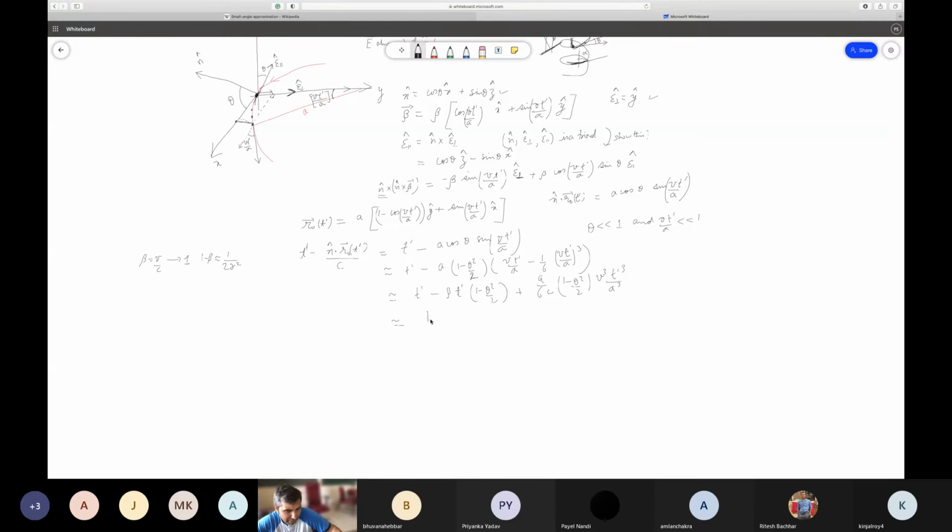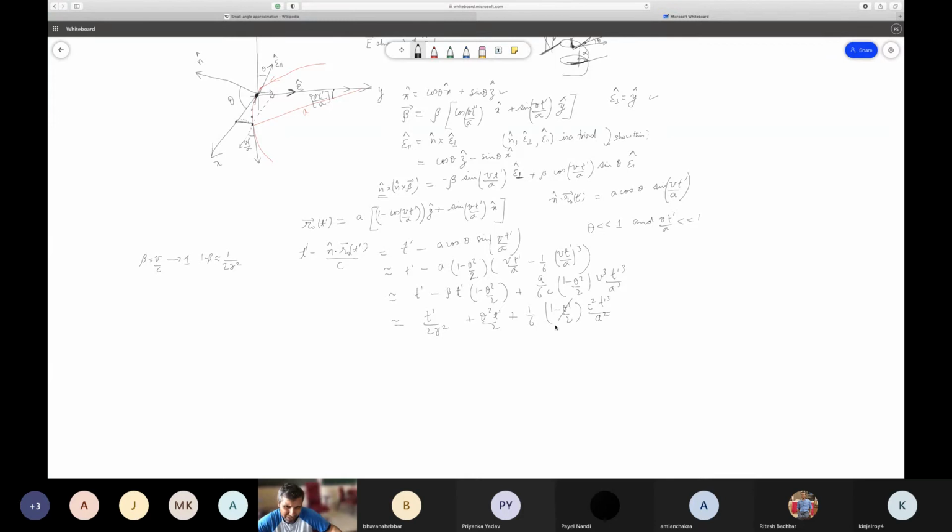That becomes t prime by 2 gamma squared plus, so I can put beta equals 1 at most places unless I have 1 minus beta, theta squared t prime by 2 plus 1 by 6 times 1 minus theta squared by 2 times C squared t prime cubed by A squared.